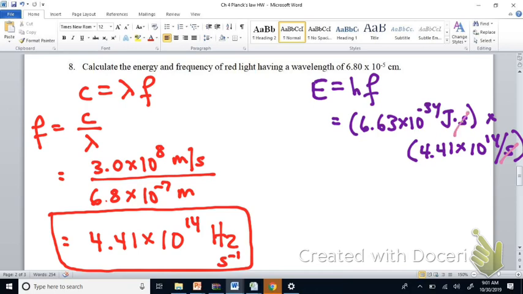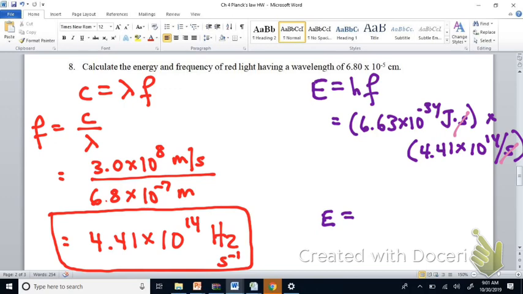And now I just have a simplification step. 6.63 times 10 to the minus 34 times, make sure you use your parentheses if you have a TI calculator, 4.41 times 10 to the 14.